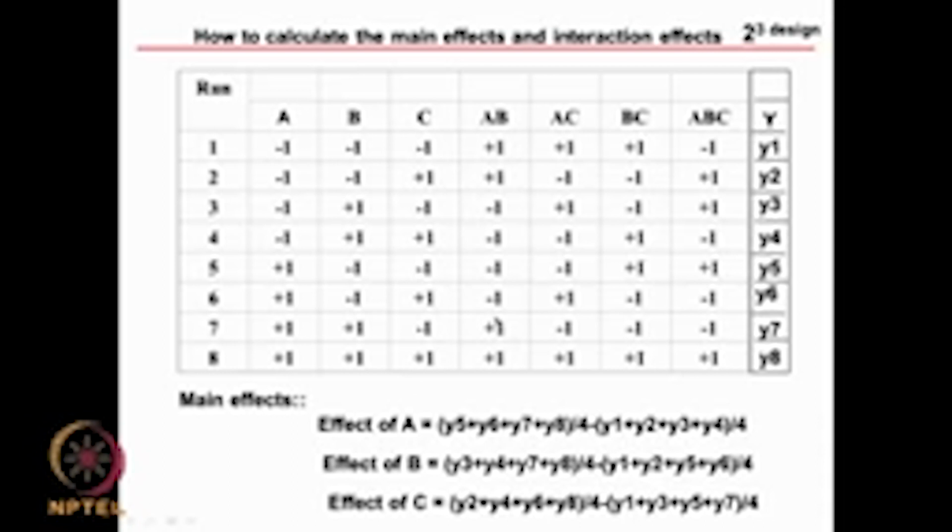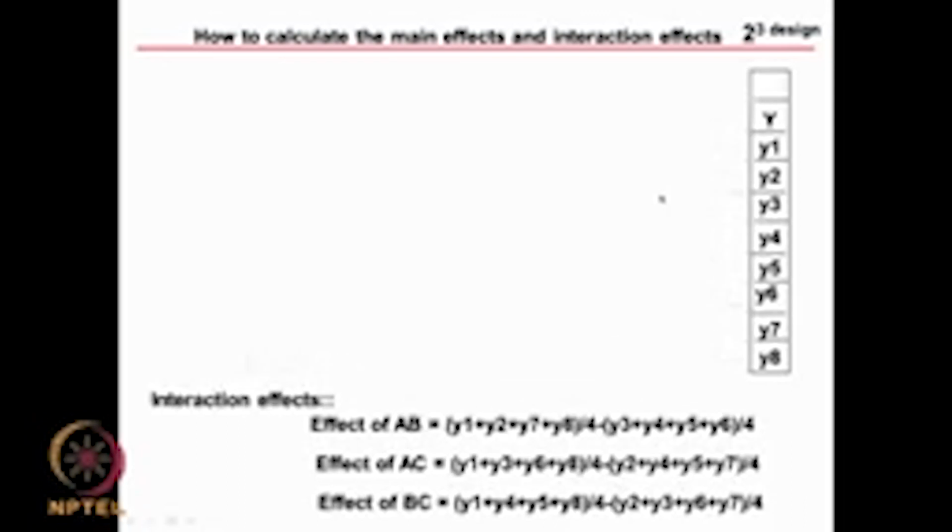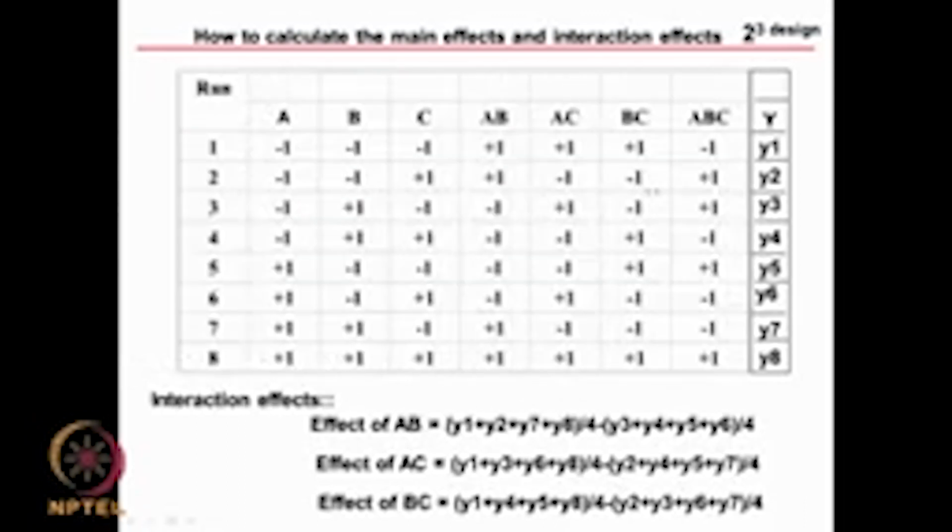What is the effect of, say, temperature, what is the effect of pH, what is the effect of carbon. Now, how do we get the interactions? We can do that also. For example, if A is your temperature and B is your pH, AB gives you temperature into pH, and I told you how to calculate this.